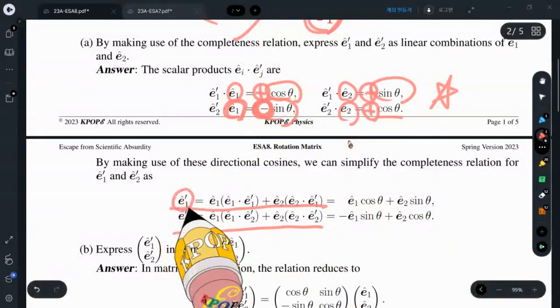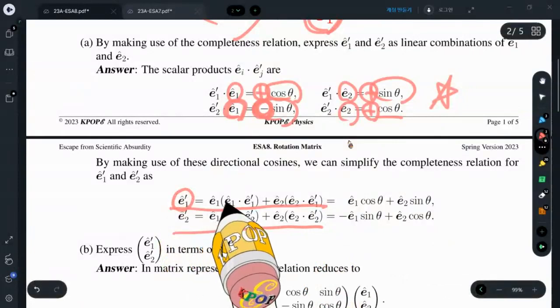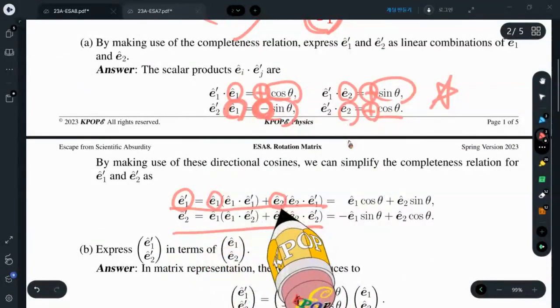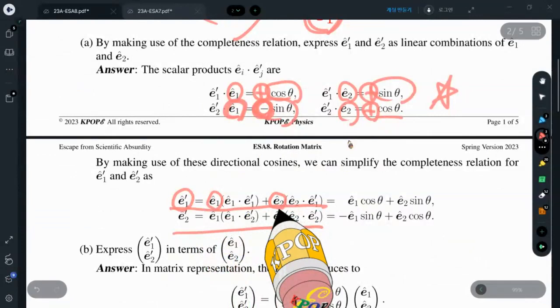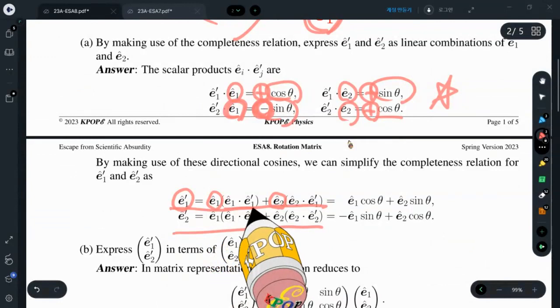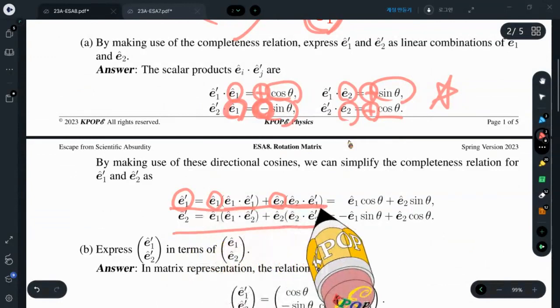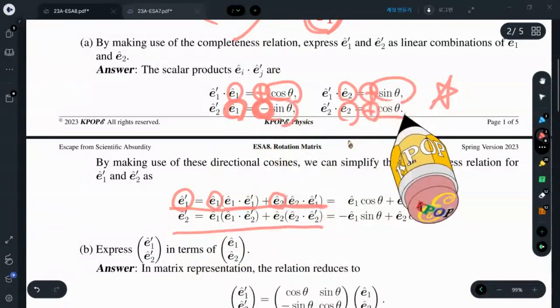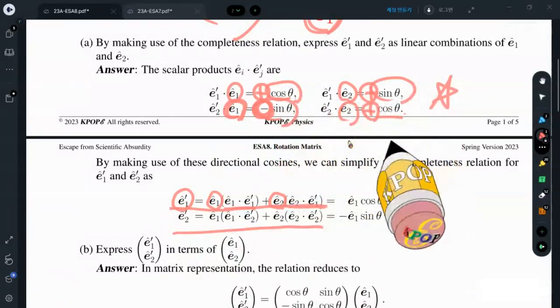How? E1 prime can always be expressed as a linear combination of E1 and E2. And the completeness relation shows that the coefficient is their scalar product. And we know how to compute those scalar products.